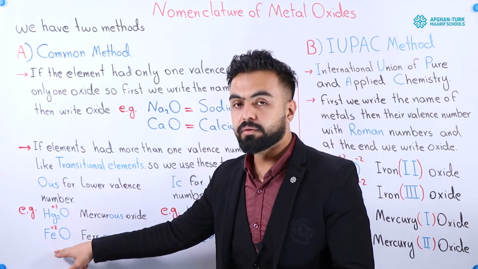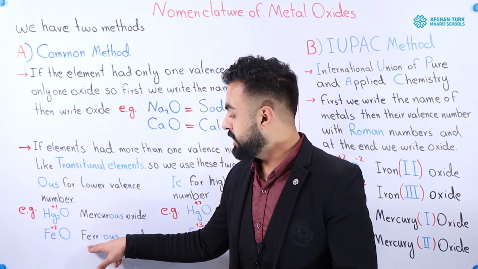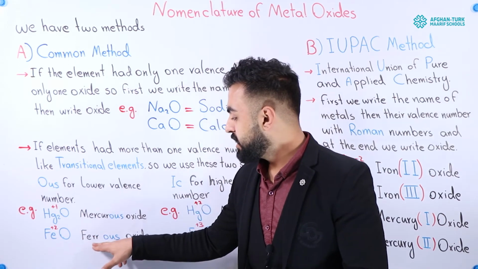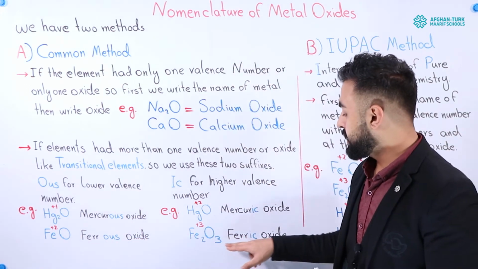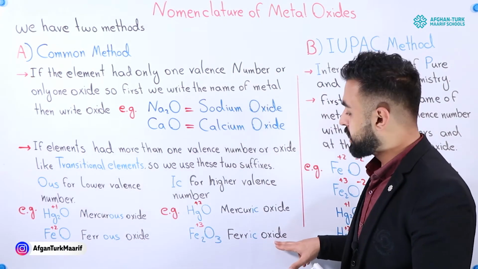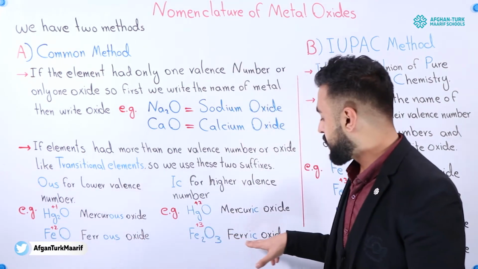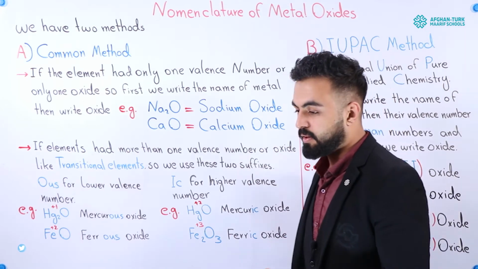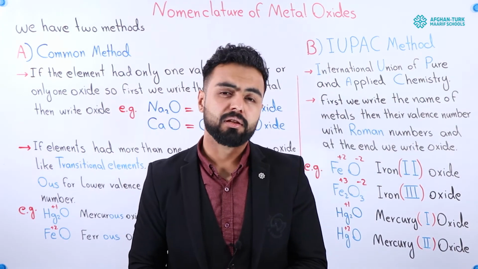The same for iron, which is called ferrum actually, but here we use ferrous oxide or ferric oxide. For the lower valence number, we use OUS, and for the higher one, we use IC. So that is how we name them in the common method.